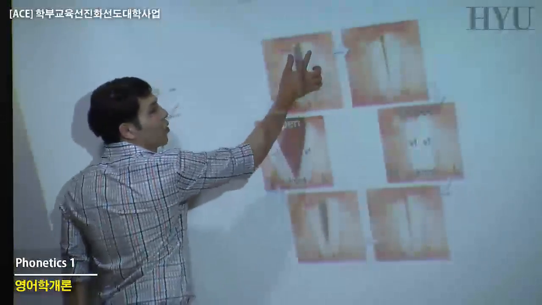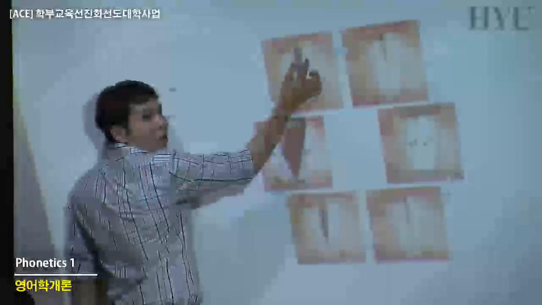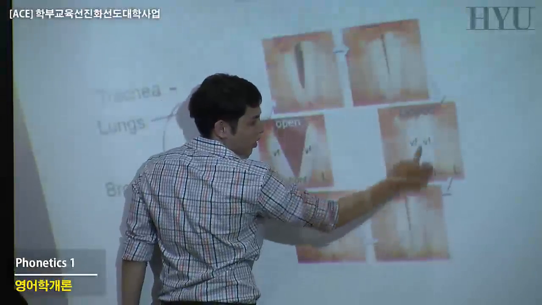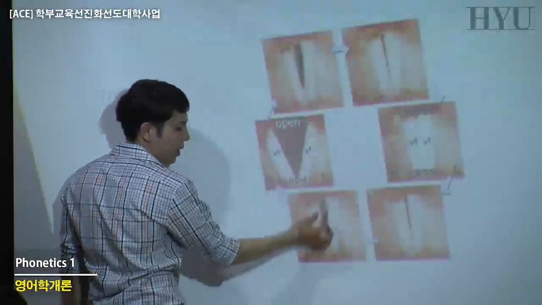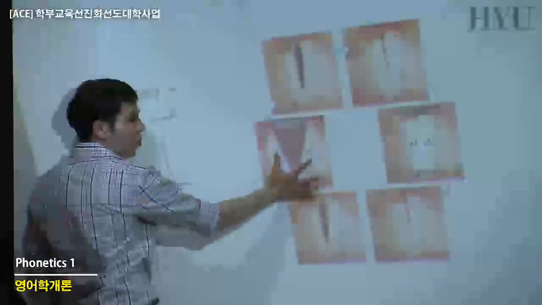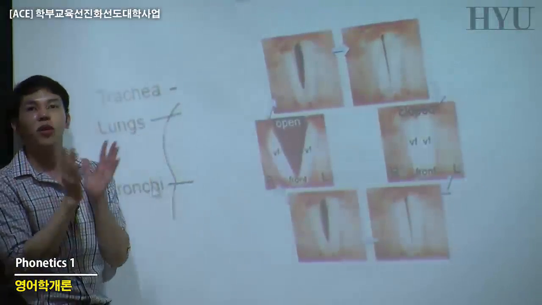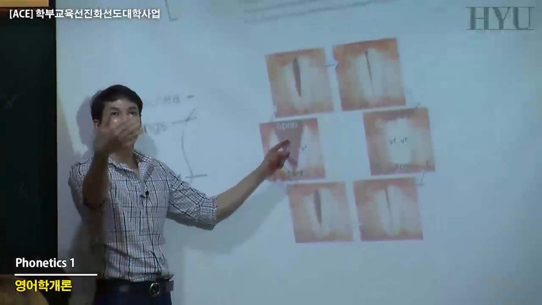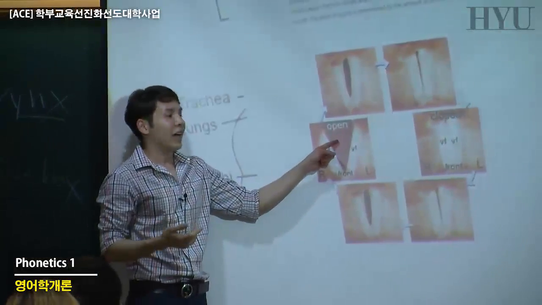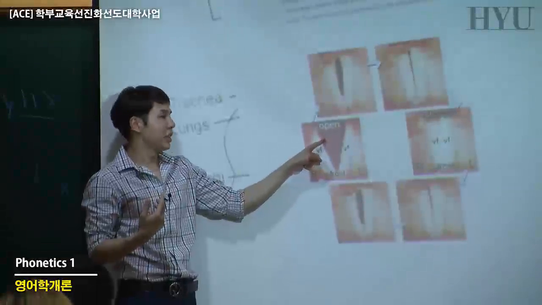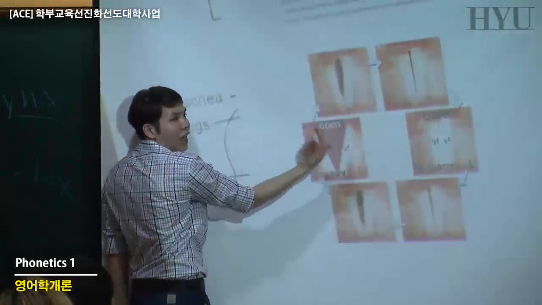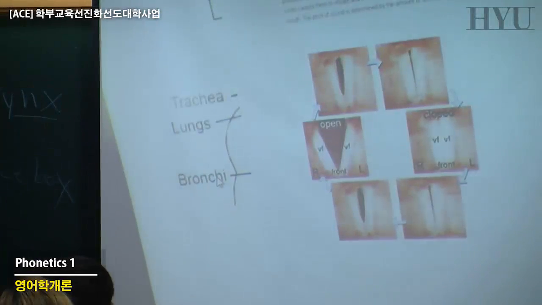You can see that the vocal folds can be open a little bit, close tightly, and then open widely. So the vocal folds can be manipulated and shaped, and then they will block the air or let the air pass easily, like in this picture, because there's a wide opening.